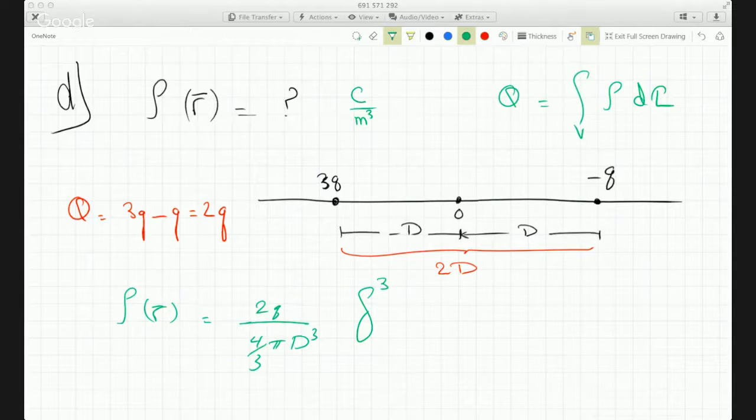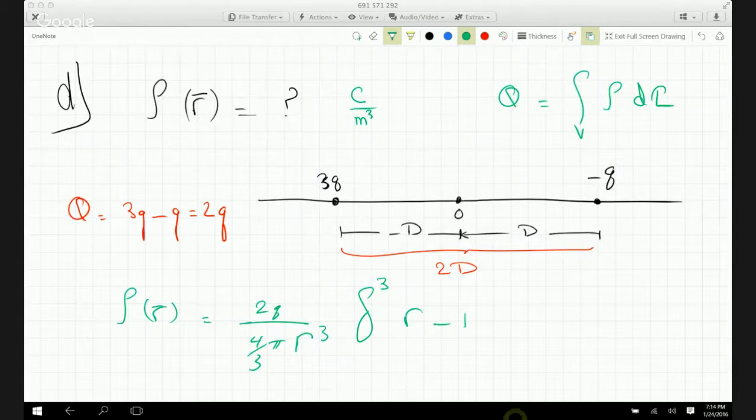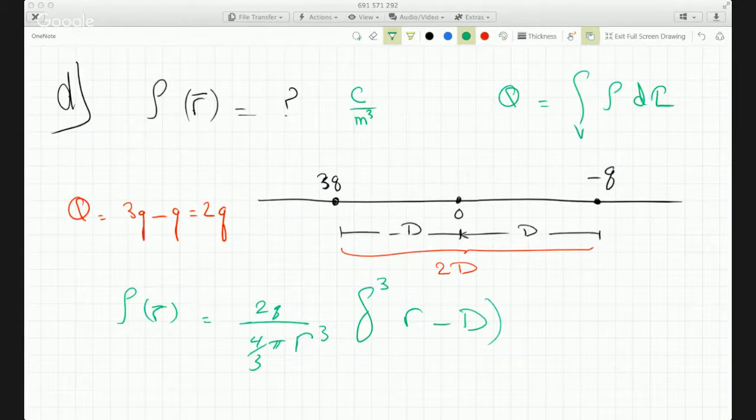Where you could make this here an r, and you could say, okay, I want a Dirac delta function such that when I plug in d, this is r cubed, I would pick up the charge at d. But if I'm outside of d, the charge would still be enclosed, right? It would still be 2q over 4 pi r cubed.